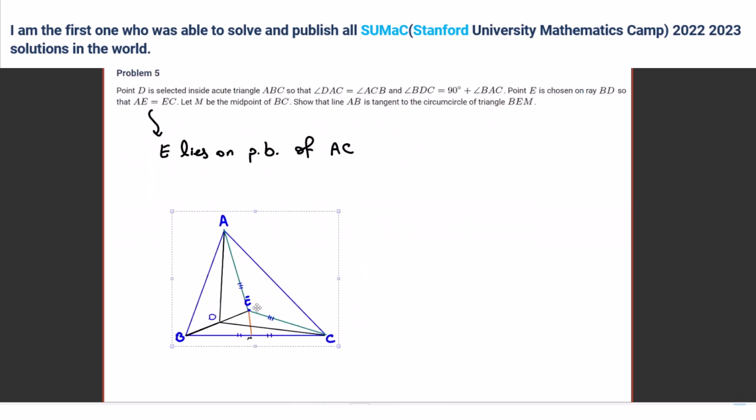The figure is this, right? It lies on the perpendicular bisector, and we can draw it, right? Okay. So let me draw the perpendicular bisector, and in the next step, we can draw the circumcircle.